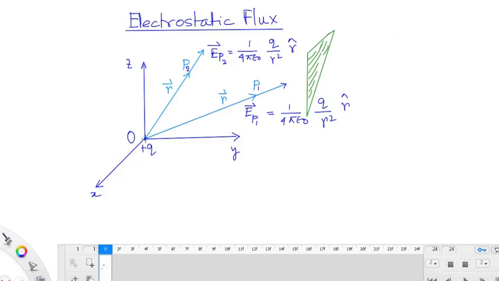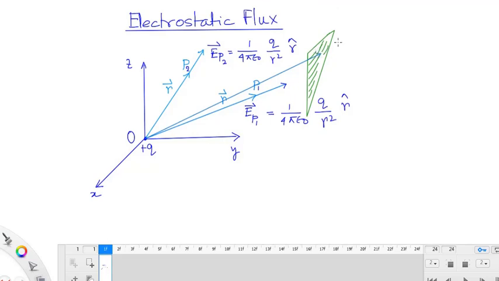So the electric field will be, suppose from here, from here it will be to this point, right?